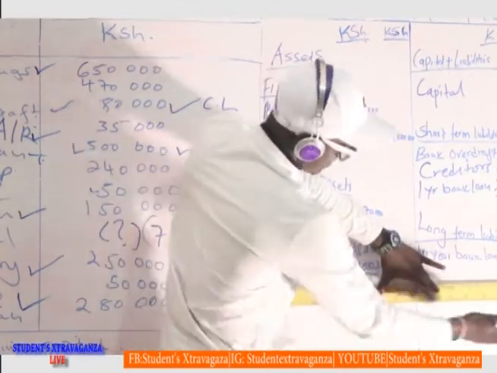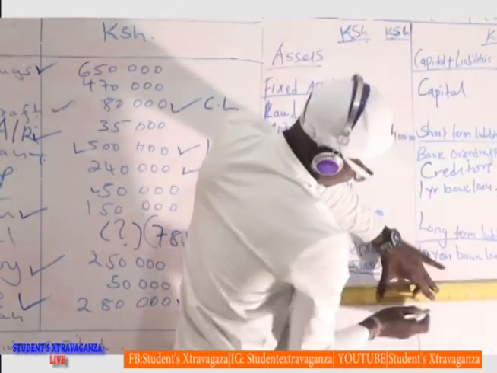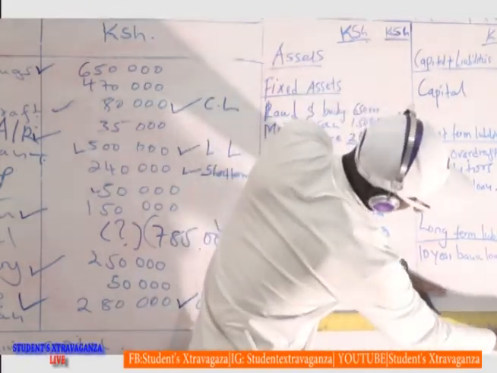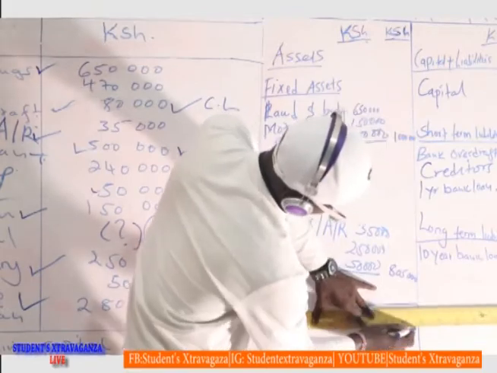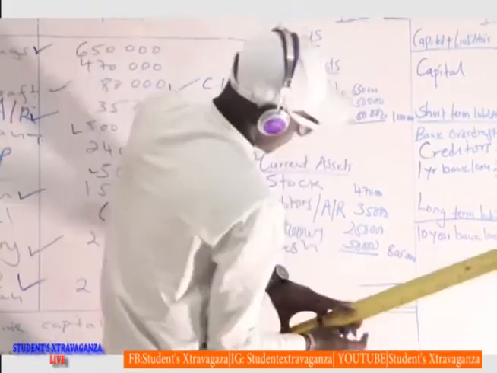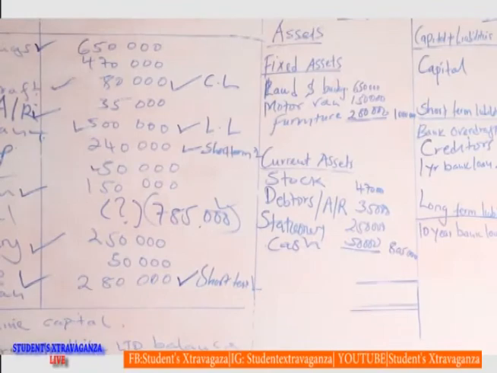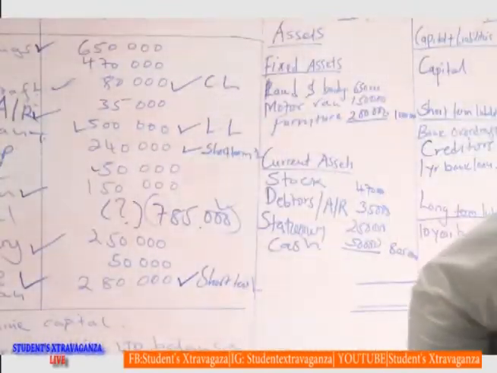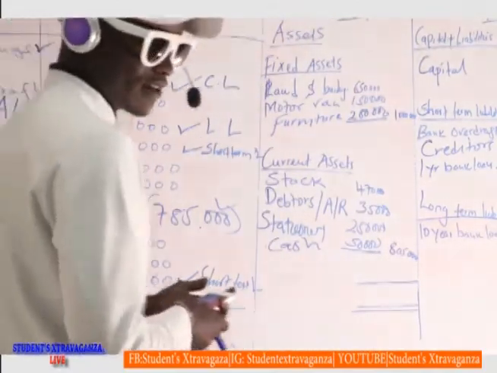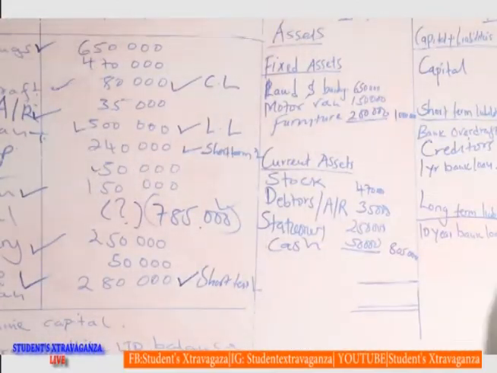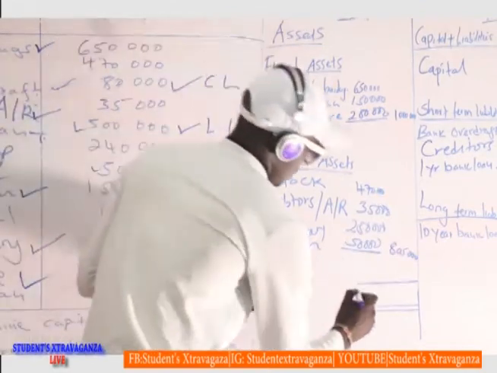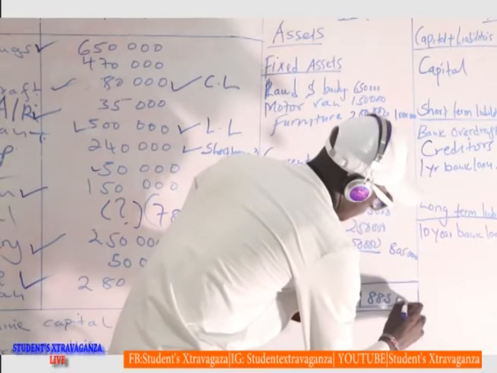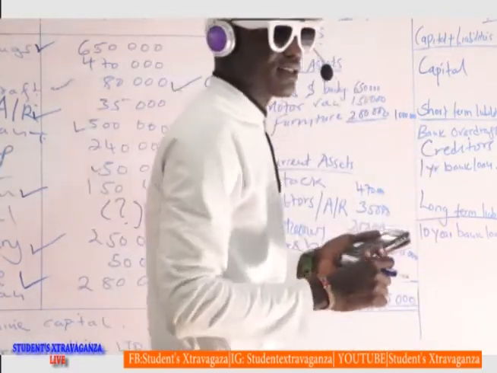We will find a line here where we are going to balance, and we'll balance it at 1,885,000.